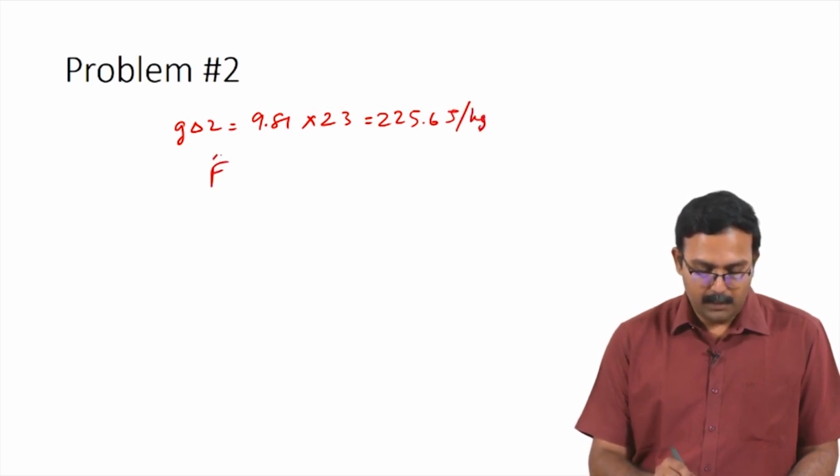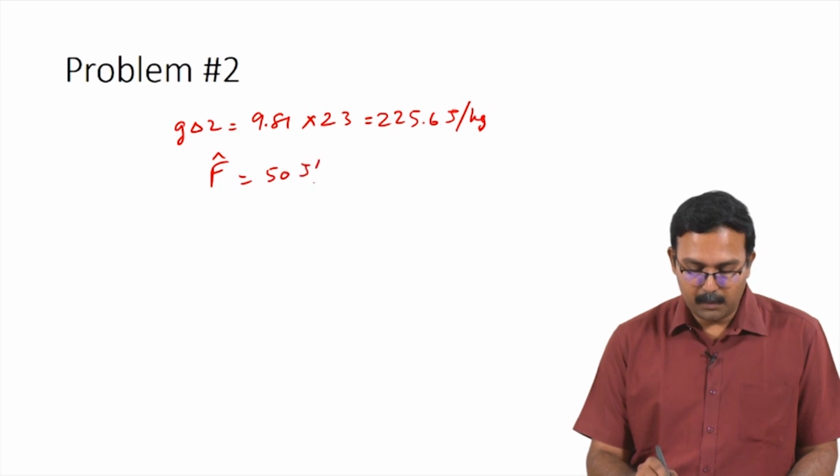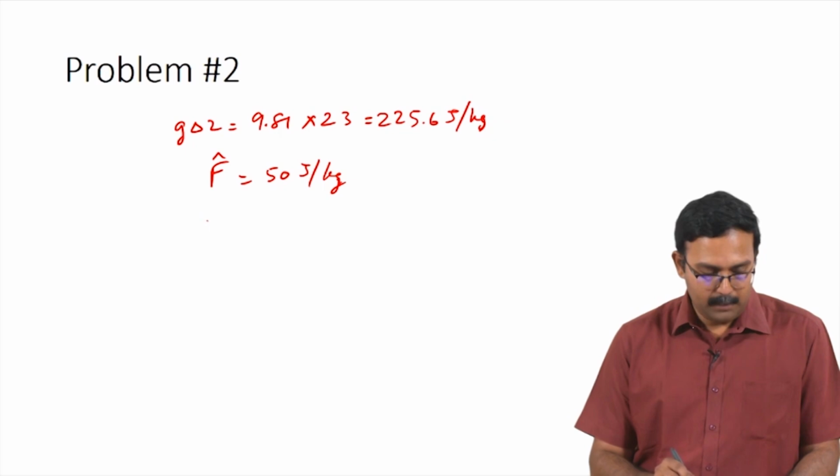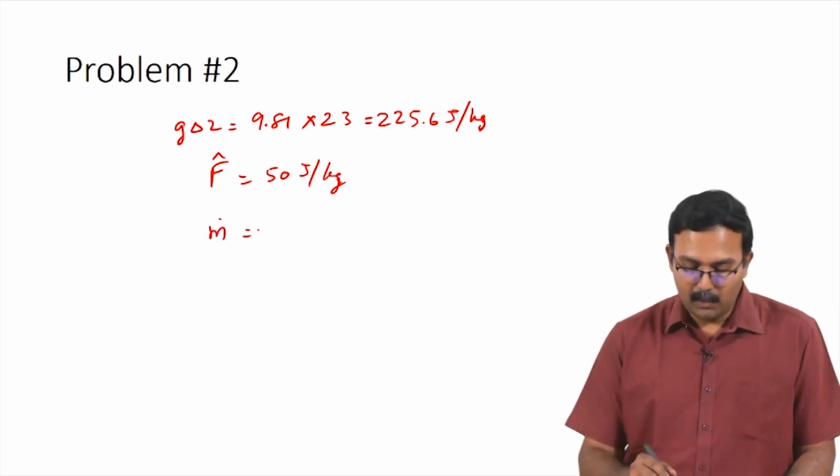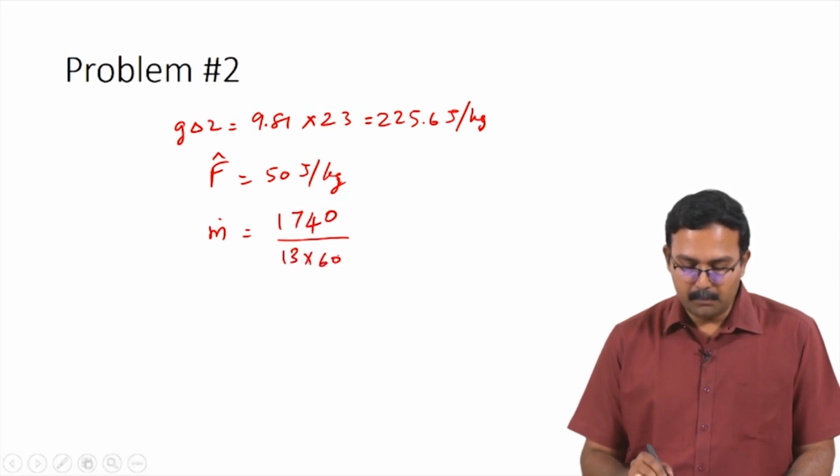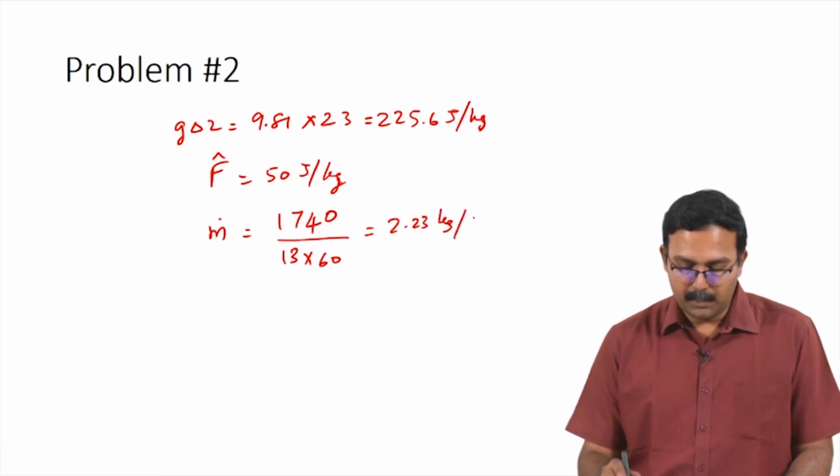We already know that F cap is 50 joules per kilogram. We can calculate the mass flow rate from the mass we had already calculated from the material energy balances. So, it is 1740 kilograms supplied in 13 minutes. So, in terms of kilograms per second, it would be 2.23 kilograms per second.